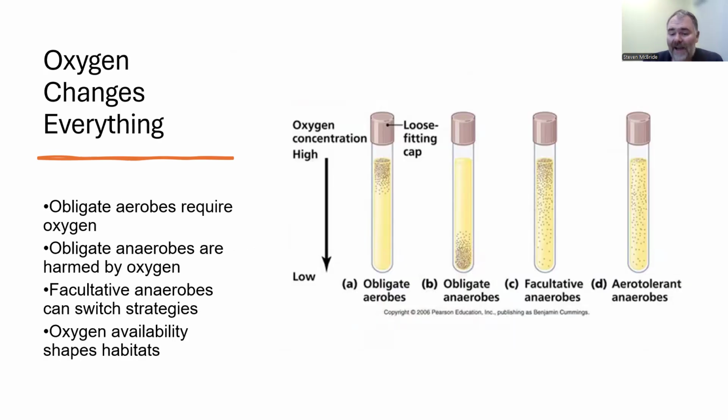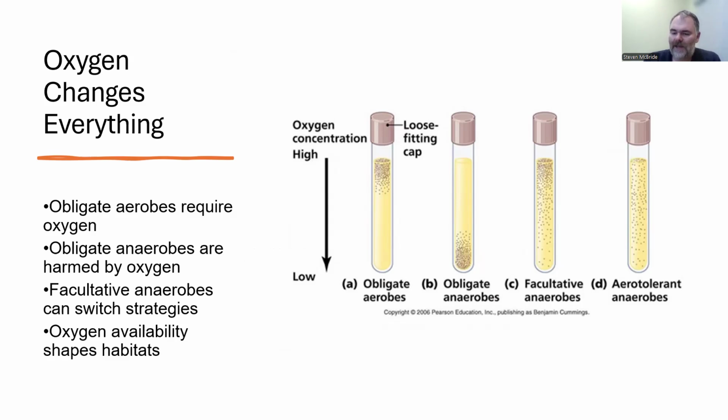One of the major factors shaping microbial diversity is oxygen. Some microbes absolutely require oxygen for survival. These are called obligate aerobes. Others are harmed or even killed by oxygen. These are obligate anaerobes. And some microbes are flexible. Facultative anaerobes can grow with or without oxygen and switch between metabolic strategies depending on environmental conditions.